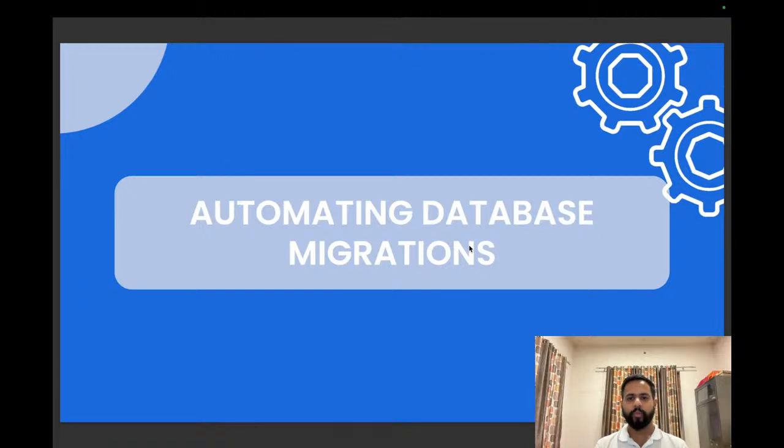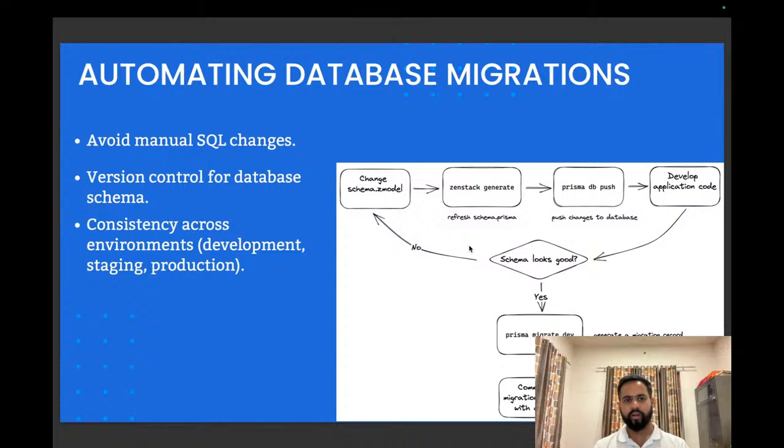Now, automating database migrations. What does Prisma do in automating database migrations? It avoids manual SQL changes. Whenever we make manual SQL changes in the database, during database migration in Prisma it is totally automated, so we avoid all the manual SQL changes.